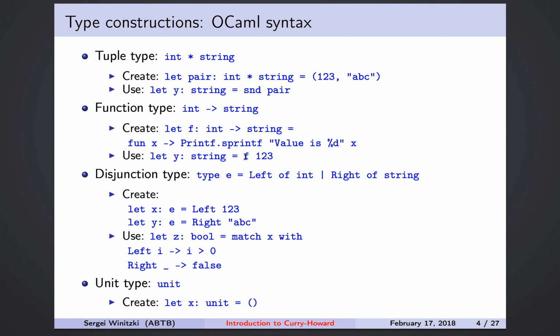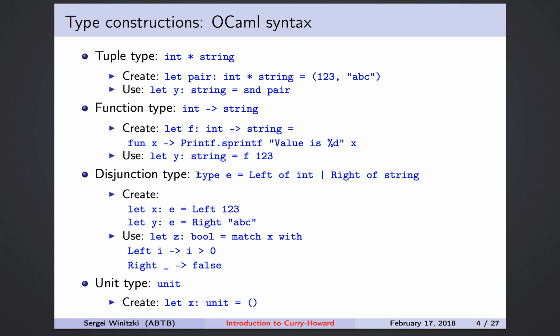A couple of weeks of work and you're not noticing the syntax anymore. Syntax is superficial. It is the meaning, the semantics that is important. And the semantics is the same. Use function by applying it to the argument of the correct type, and you get the value of the correct type.